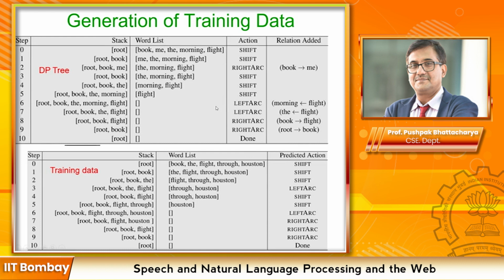Now, for the decision making algorithm to be able to learn what decisions to make, it requires training data. And the training data fortunately is available, inspired by the tree bank training data. The Prague dependency tree bank data was created.